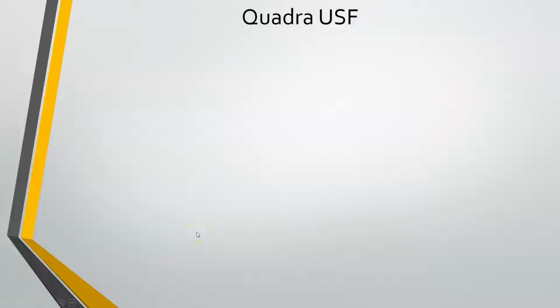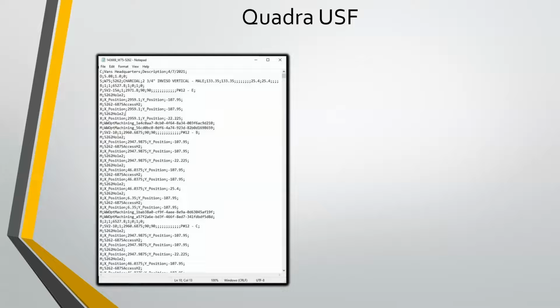So let's go ahead and move on to the Quadra. Just like the Diema, it starts off with the job name, so Van's headquarters again, and then the date this USF was created. And then we're just going to jump down to the part here.